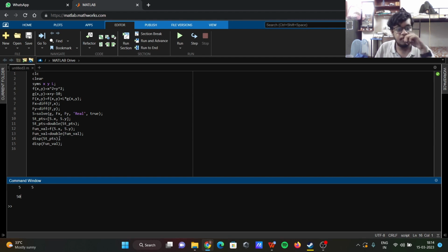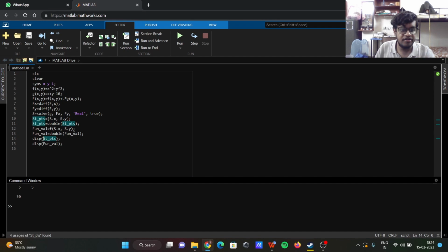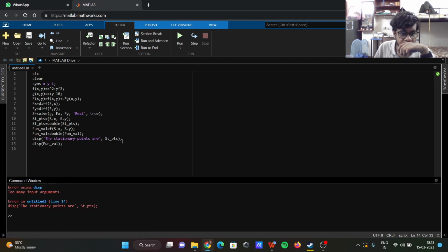We can also write display, the stationary points are. I mean, if you want to, you do understand that this is what it is, right? But still, it will throw too many input arguments. Up to you if you want to do this.